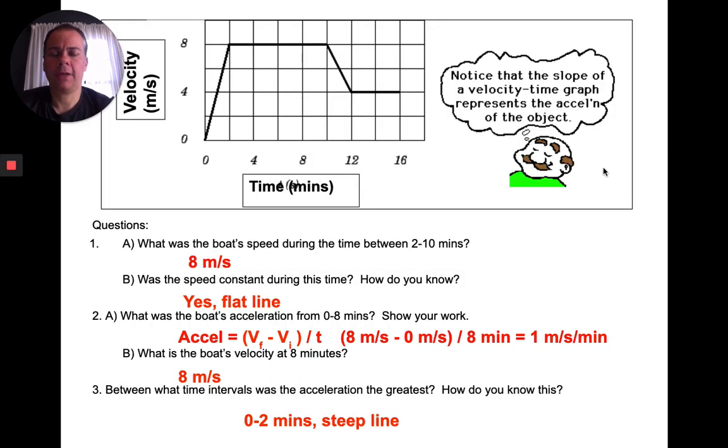Okay, so that's the end of our notes for today. So just to help you be sure you understand this, when you're looking at these graphs, you always really want to pay attention to the axes. So say, what is this graph showing us? Is this graph showing us velocity over time, speed over time, or is it showing us distance over time?